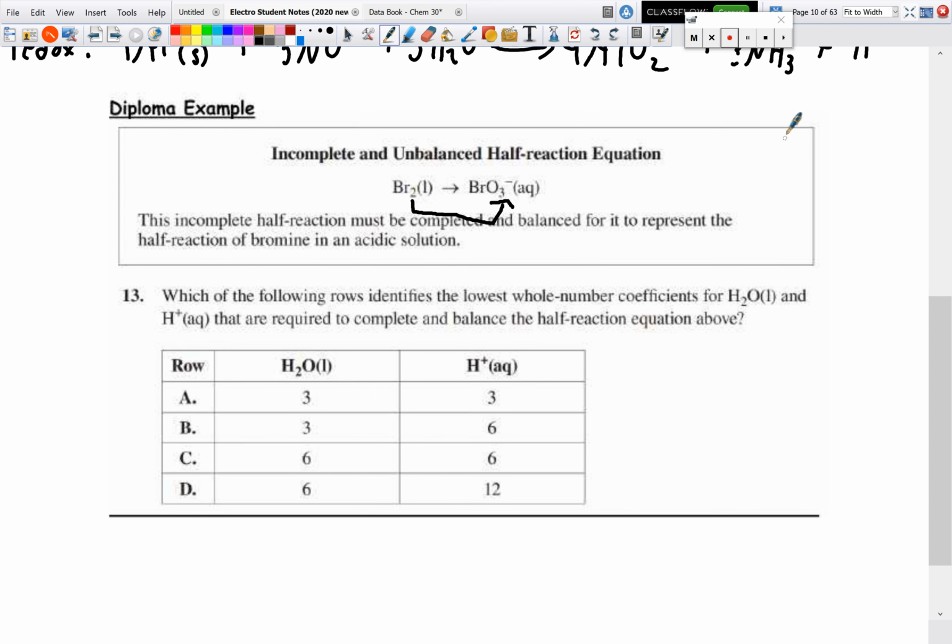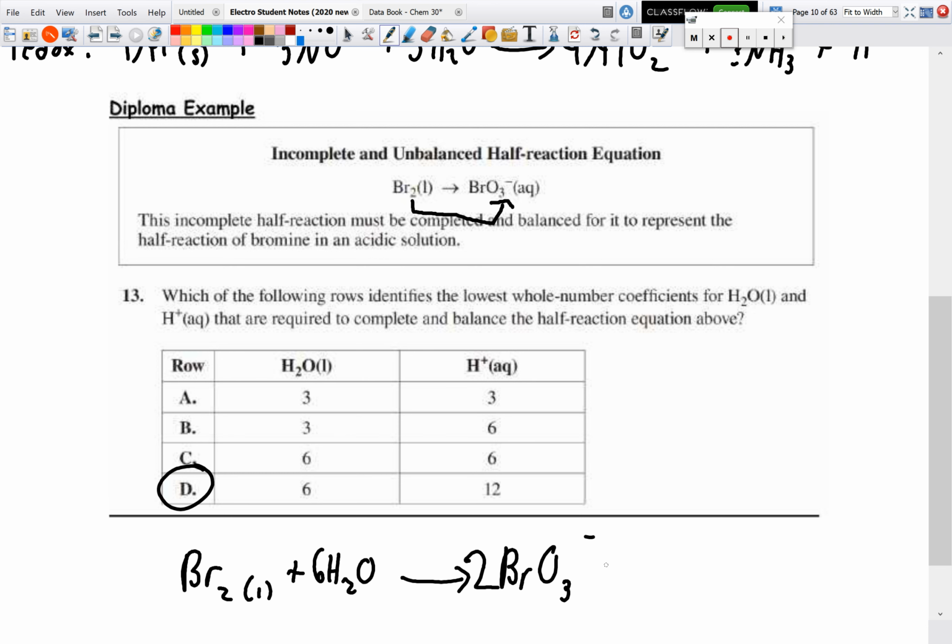All right, so the answer you should get for this one is D, and the reason for that is when you do balance this one out, we balance everything other than oxygen and hydrogen first, so we need to have a 2 in front of there. That'll give us 6 H2O on our reactant side and 12 H plus on our product side.